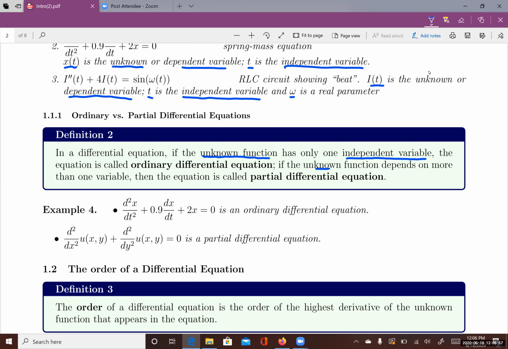Versus if the unknown function depends on more than one variable, whether two variables or three variables, then the equation is called a partial differential equation.